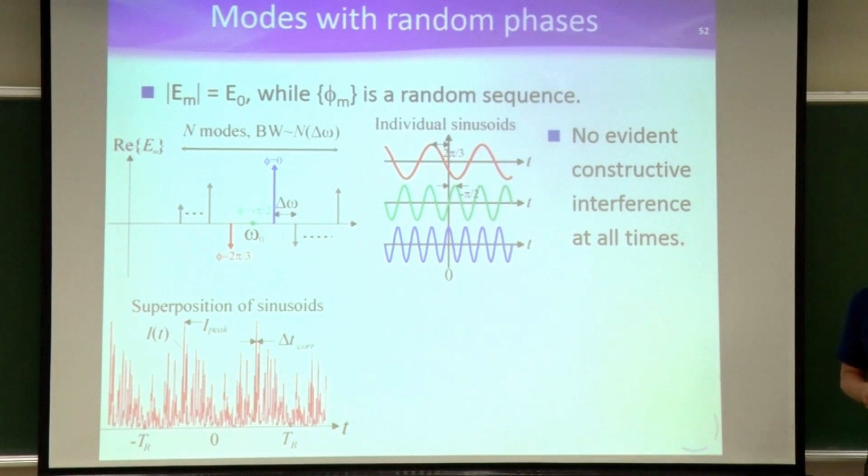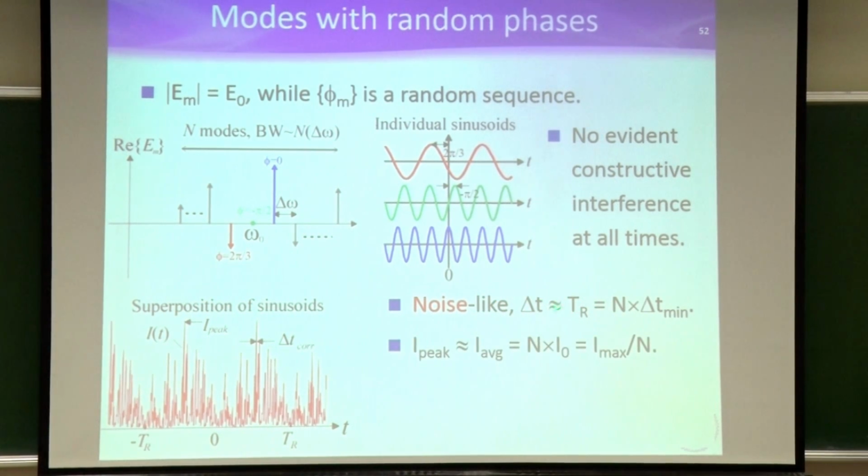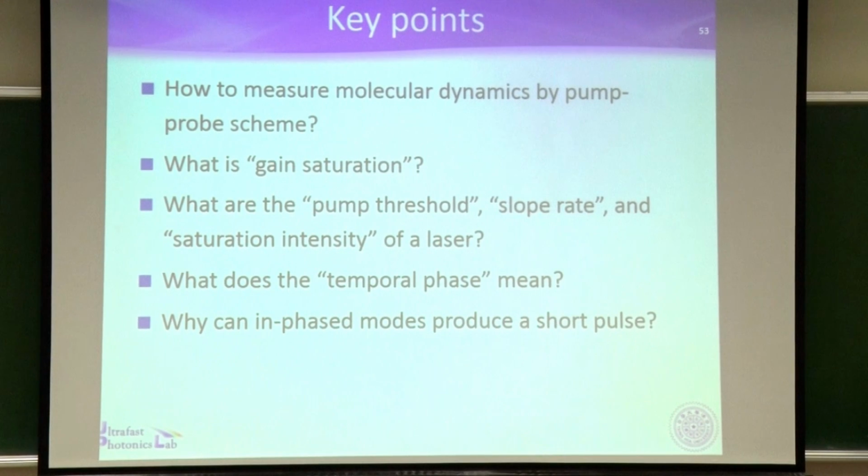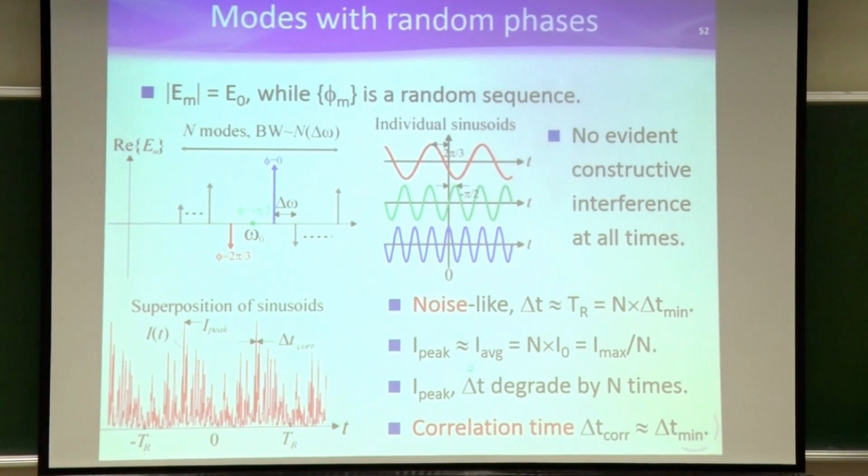Okay? This time, the pulse duration is nothing but the repetition period. Peak intensity is similar to the average intensity. So peak intensity and pulse duration degrade by big N times, because now all the big N modes have randomly different phases, or are divided into big N groups of phases.